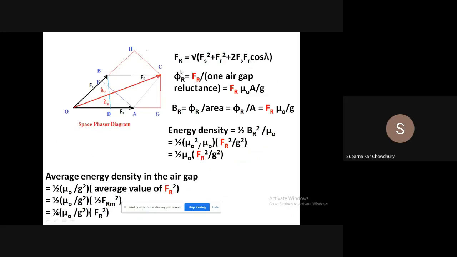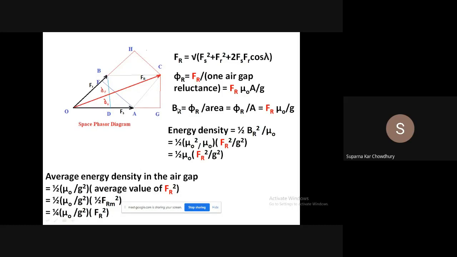Now say phi r is the flux, so that will be the resultant field divided by the air gap reluctance. So this will be FR mu 0 A by G, where G is the air gap length and A is the area.